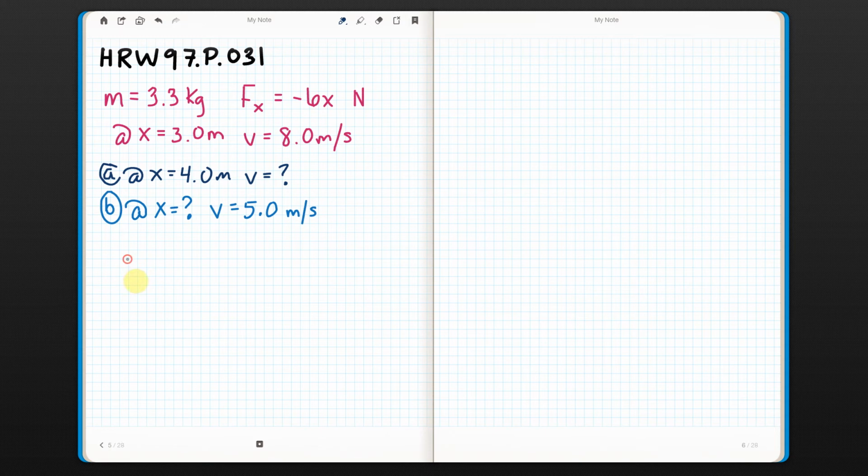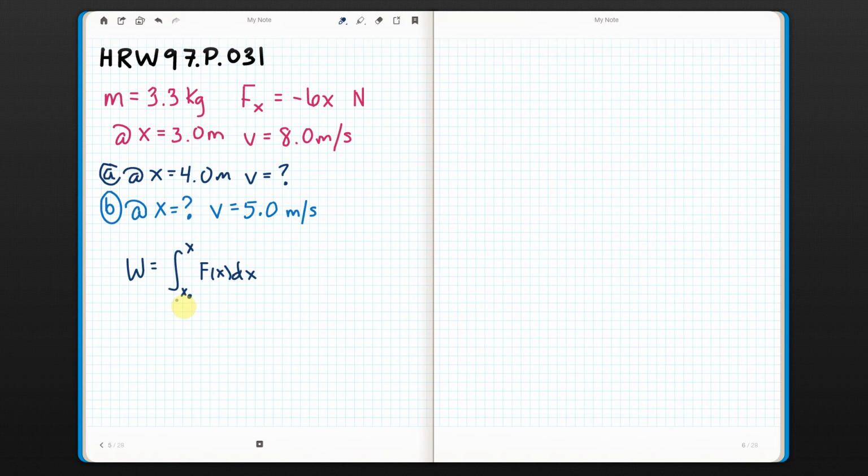I know that the work done by a variable force is the integral from initial position to final position of f of x dx. Okay, that's in one dimension. So I've got a starting position and a final position, so I have enough for my limits, that's good.